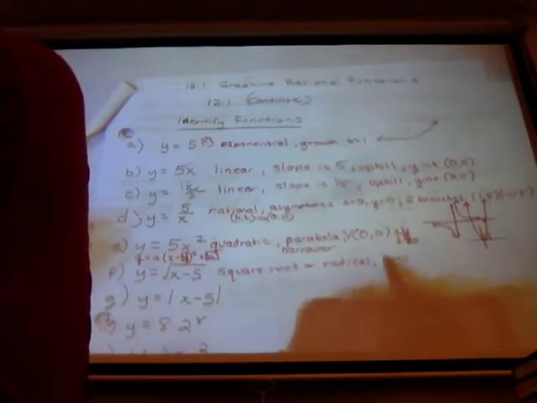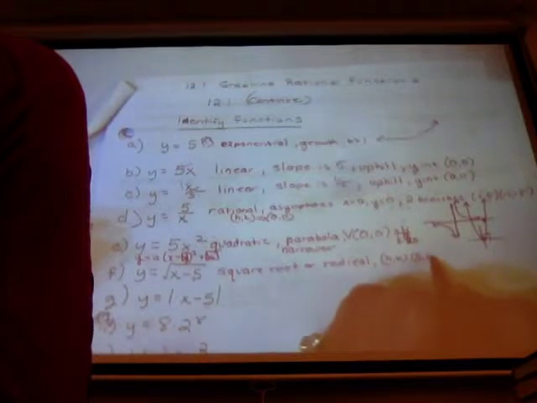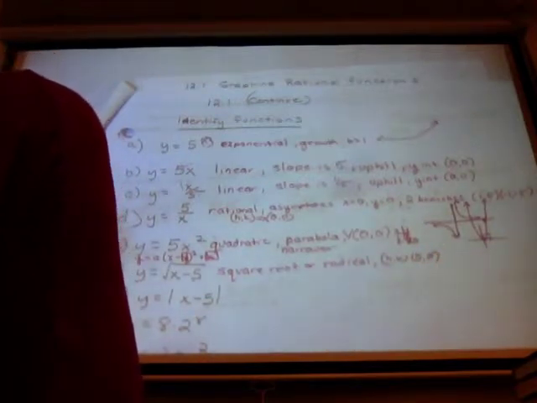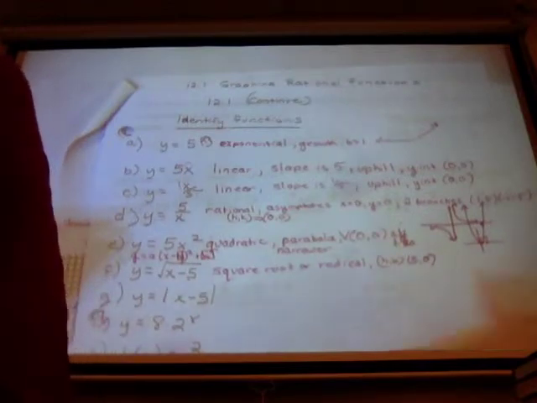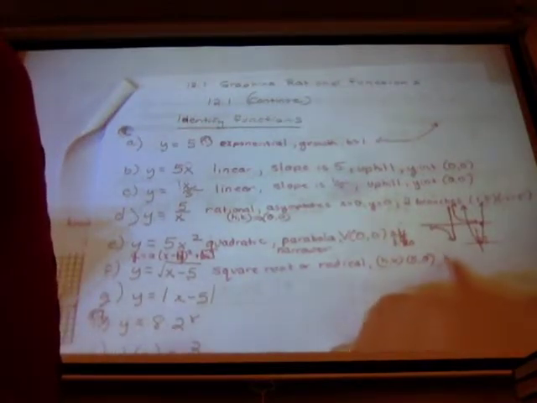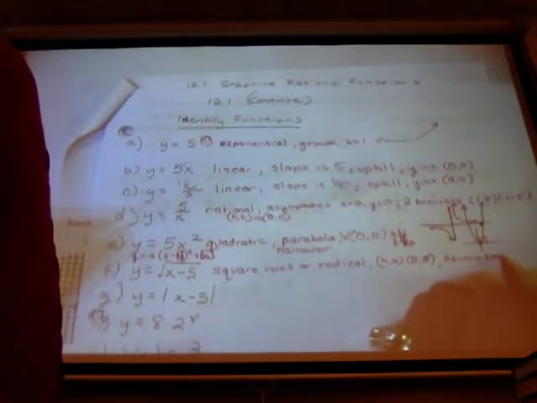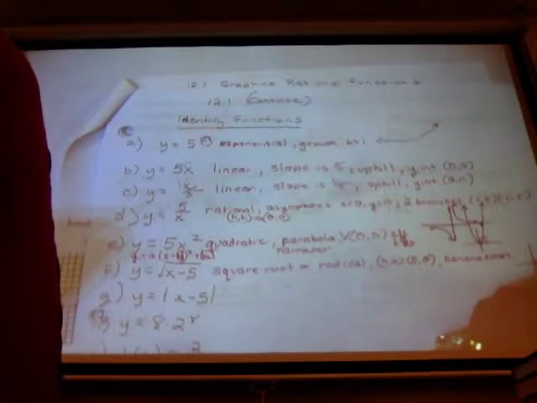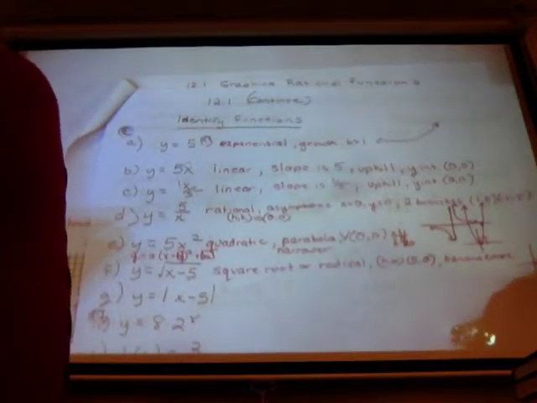What's the shape of it going to be? A banana. It's just going to go off to the right. So you have it at 5, 0. And you go over 1, up 1, over 4, up 2. It goes off to the right.